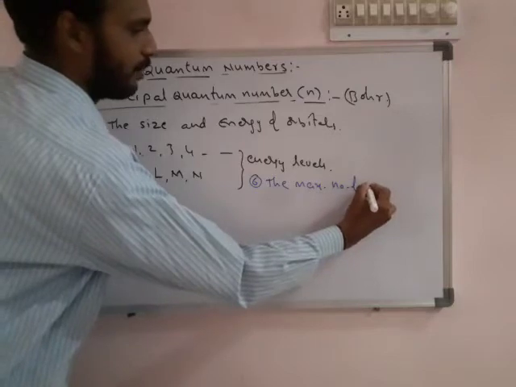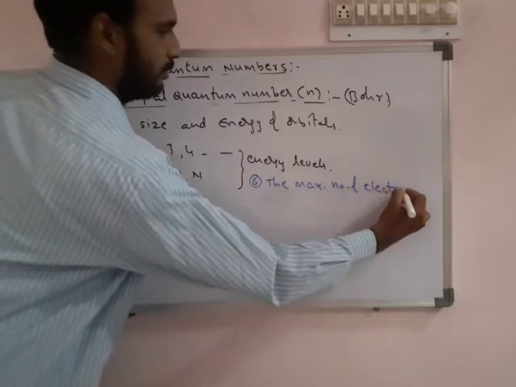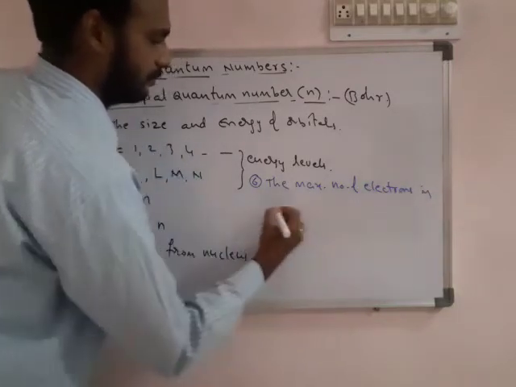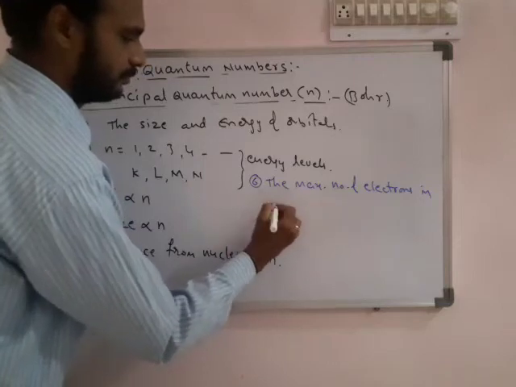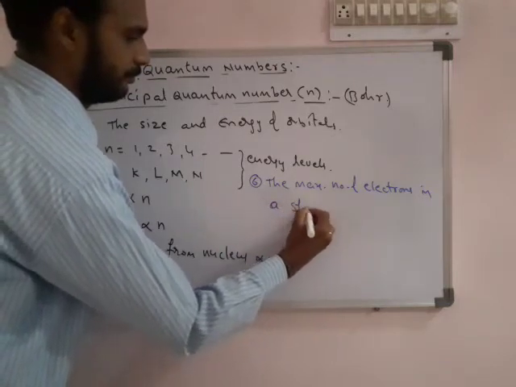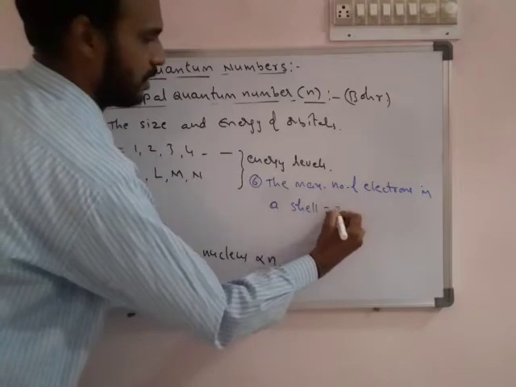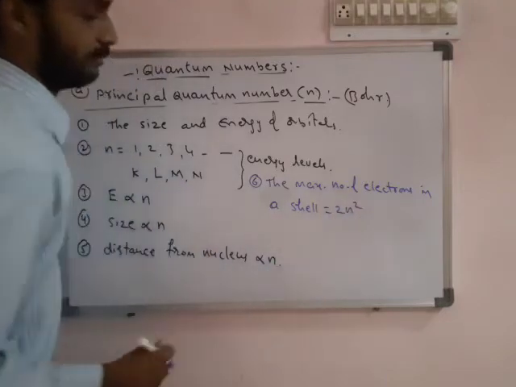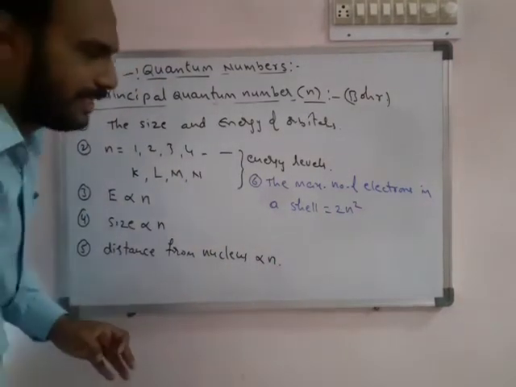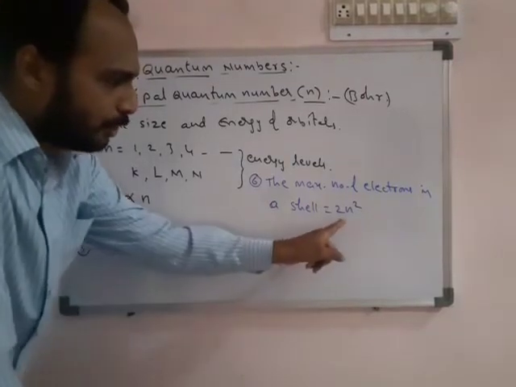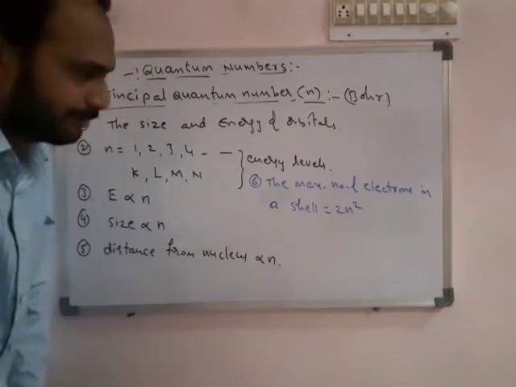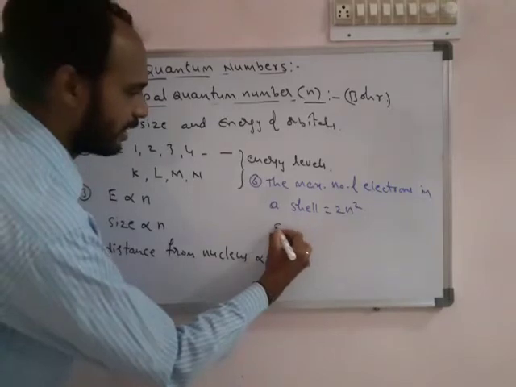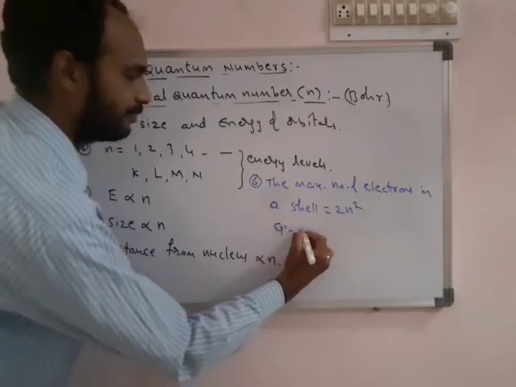The maximum number of electrons in a shell is equal to 2n square. Means in the first shell how many electrons are present? 2 into 1 square means 2. Okay, just take one example.